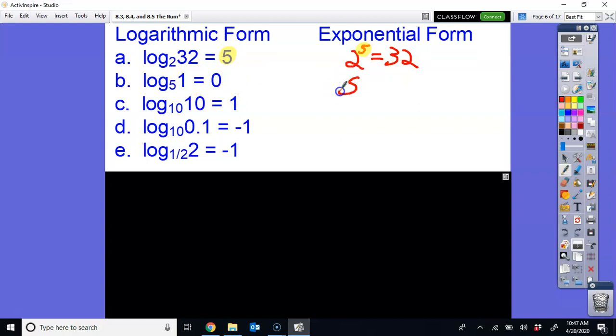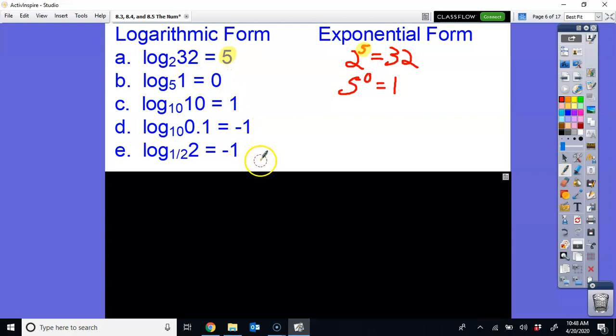So the base 5 raised to the 0 power is 1. If you'll remember, we said anything raised to the 0 power is 1. And so here's the cool thing. If you have a logarithm of 1, it doesn't matter what the base is down here. You take the logarithm of 1, you're always going to get 0 for the answer. That's a special logarithm value that you just need to know and have it memorized.